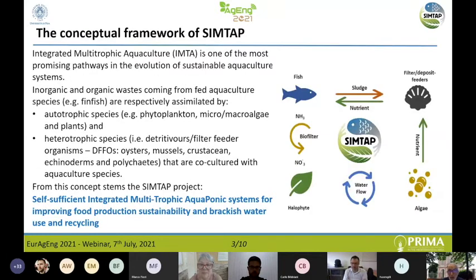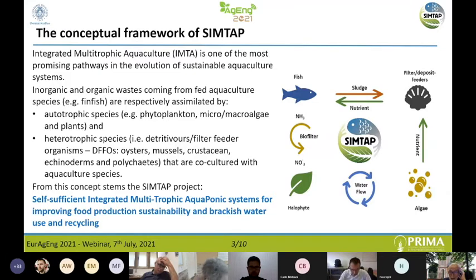Just a few words on the conceptual framework of the SIMTAP project. The project has its focus on a closed-loop multi-trophic seawater aquaponic system for the production of sea fish and plants for fresh consumption or for industrial processing, for instance, for the extraction of active ingredients of nutritional or medicinal interest.